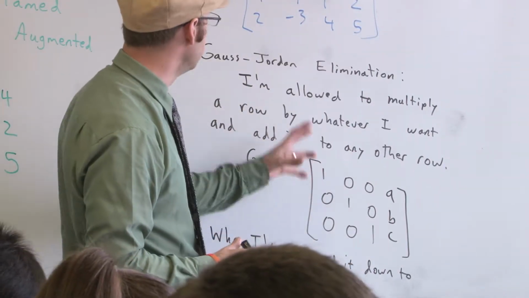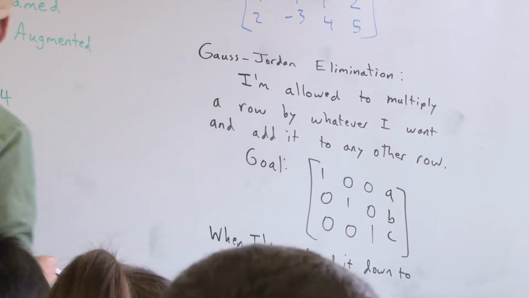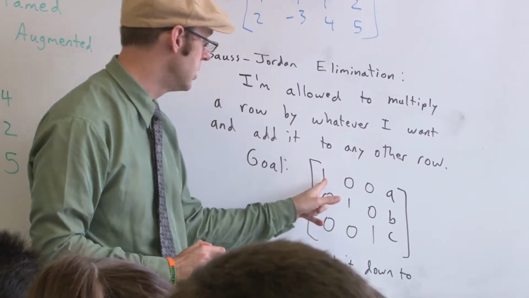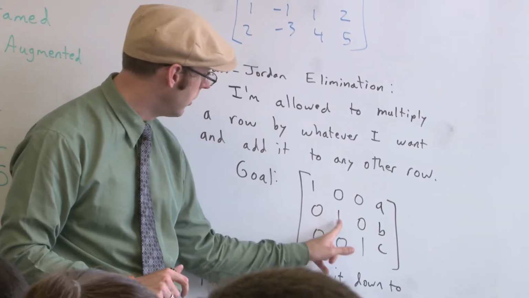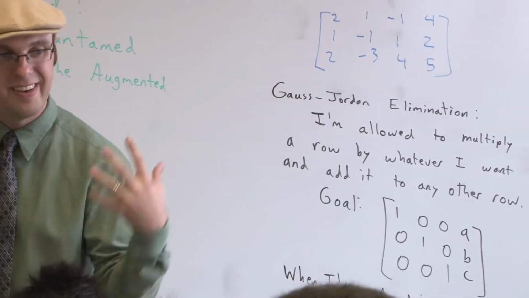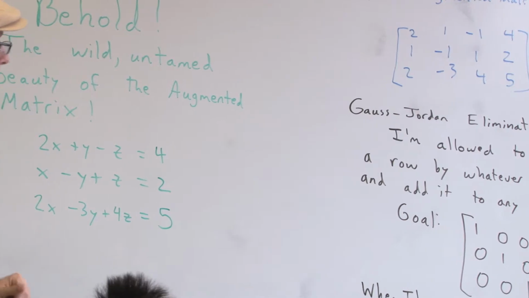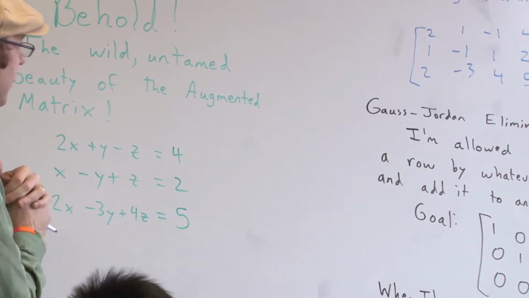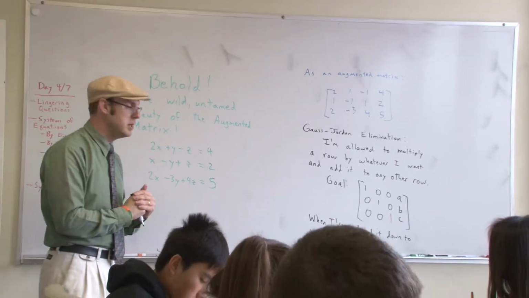So I basically changed these three terrible equations into just the equations 1x equals a, 1y equals b, 1z equals c. It's a really nifty way to do a bunch of elimination at once, but it's very time consuming when you do it by hand.